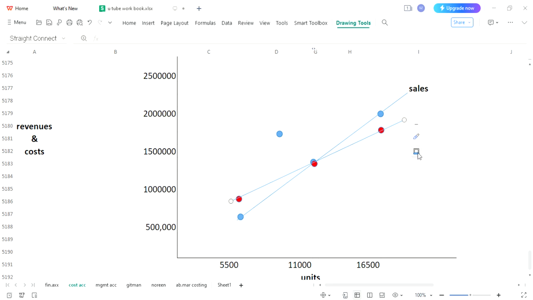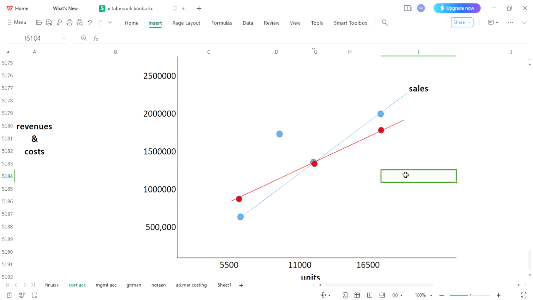So we will put it in red color. Can you see that this is your graph and red line? Let's change the color of this. This blue is presenting sales, and now the red color is presenting your total cost.